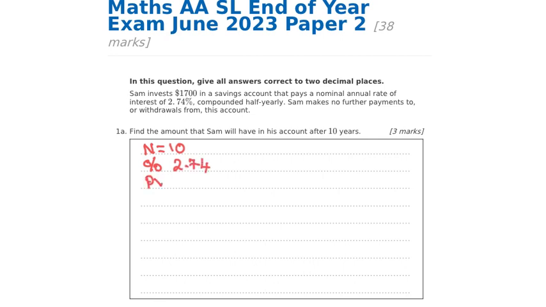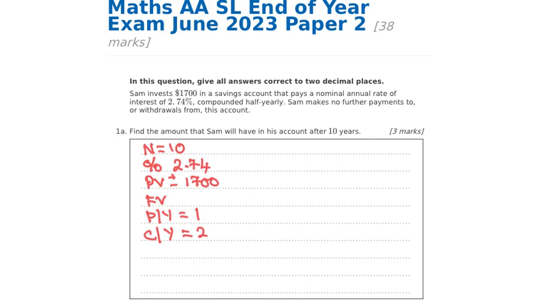The present value, you can enter this positively or negative, and it's $1,700. The future value should be left blank because that's what we want to find. The payments per year is 1. The compounds per year is 2 because it is compounded half yearly.